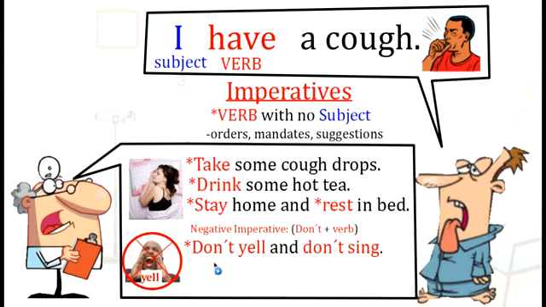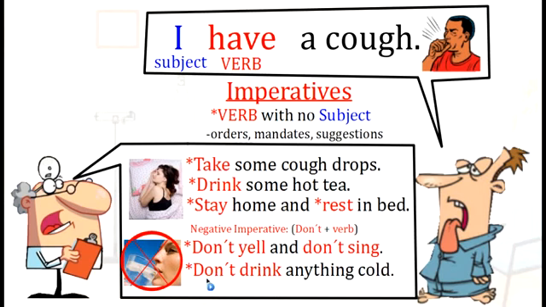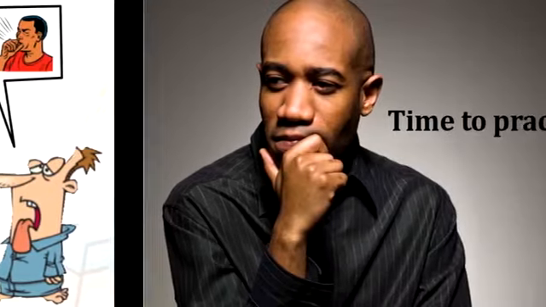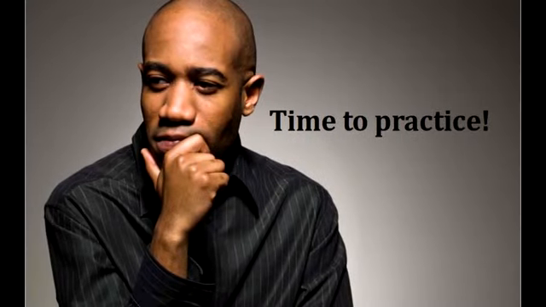Another example of the negative imperative: don't drink anything cold. Very good. So to review, the imperatives in English we use to give orders, mandates, and suggestions. And the imperative is a verb with no subject. For example, take some cough drops. Very good.